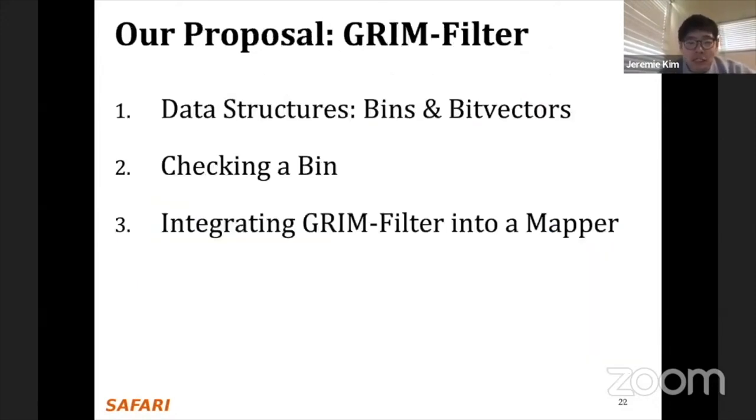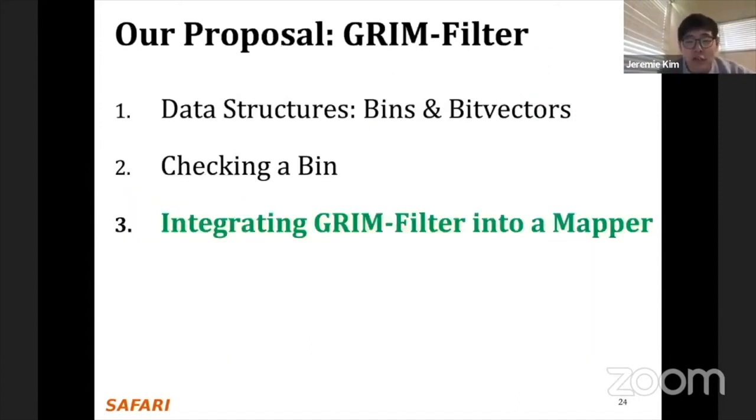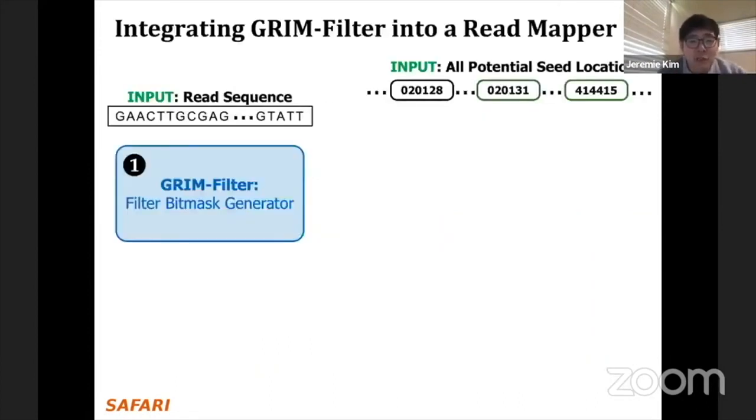So how would we integrate GRIMFilter into a full Readmapper? GRIMFilter takes in a read sequence and all the potential seed locations as input. And remember, these potential seed locations are taken from the output of querying the hash table.